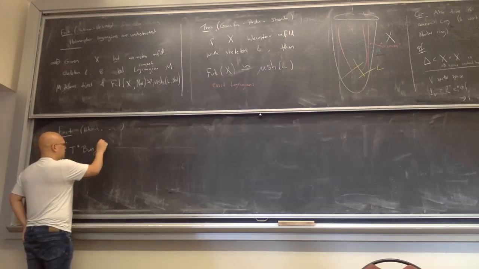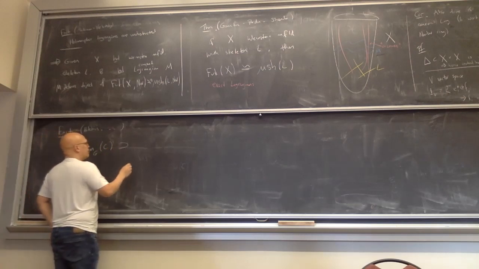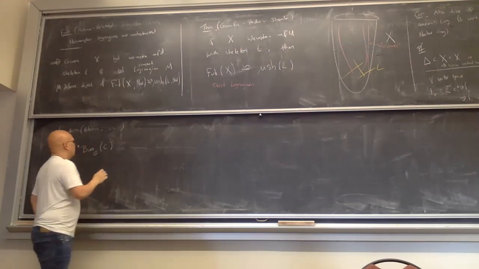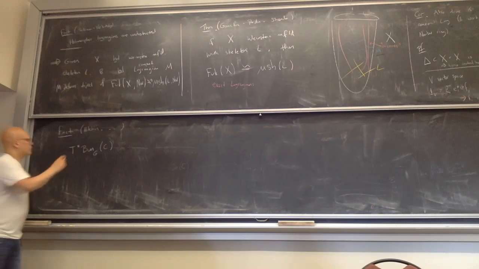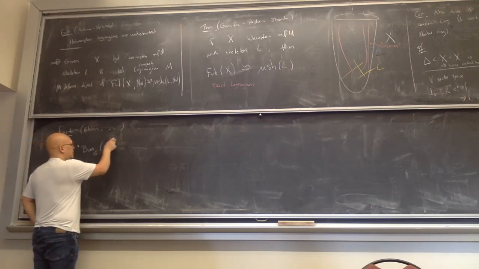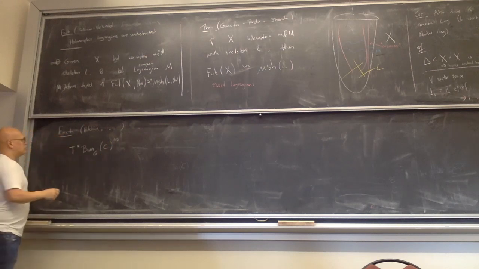So Bun_G of a curve contains the semi-stable part.